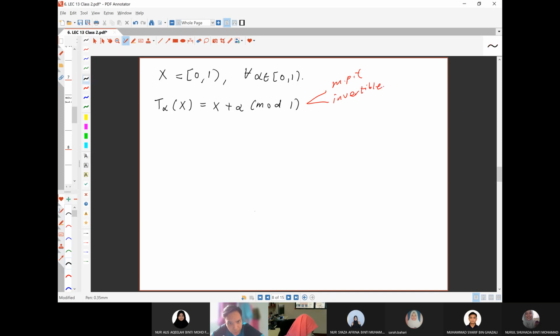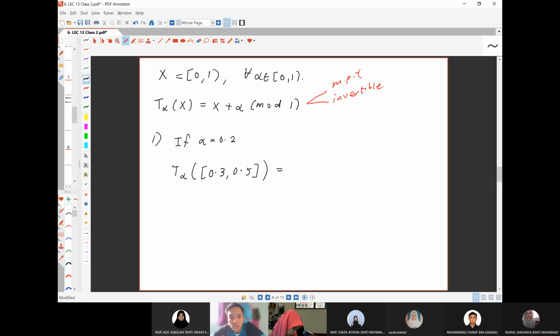Okay. Number 1. If alpha is 0.2, can you find the image of T alpha at this segment? What do you get?